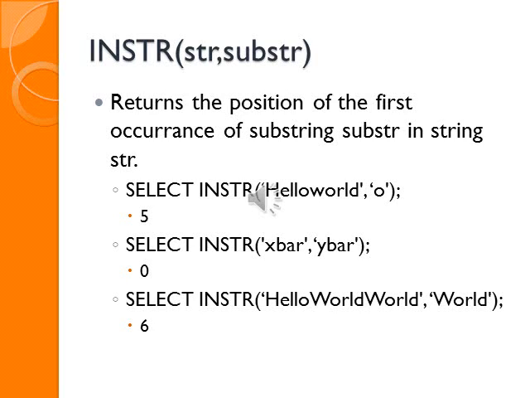It will match the whole substring in the string given. So the output is 0. Another example, select instr, hello world world, comma world. Again, in this case, the first occurrence of world is starting at the 6th position, so it is giving you the output as 6.